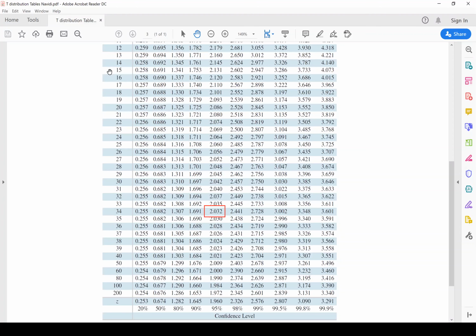Okay, so if we deal with a t, all of these items in here are the t critical values. It depends on your degree of freedom. If you're looking for the z, it is on the bottom here.